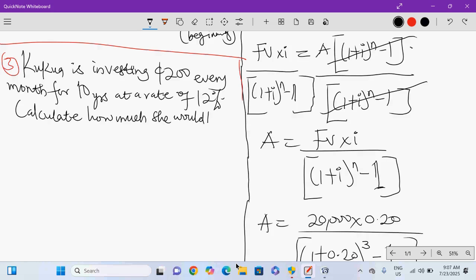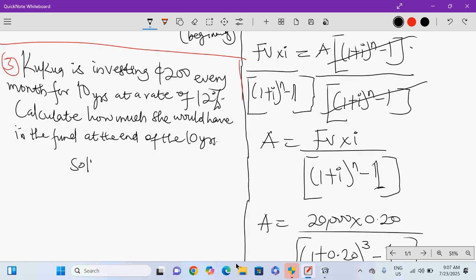Calculate how much she would have in the fund at the end of the 10 years.